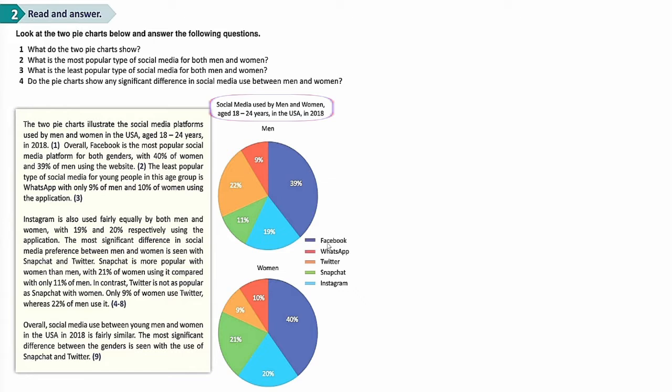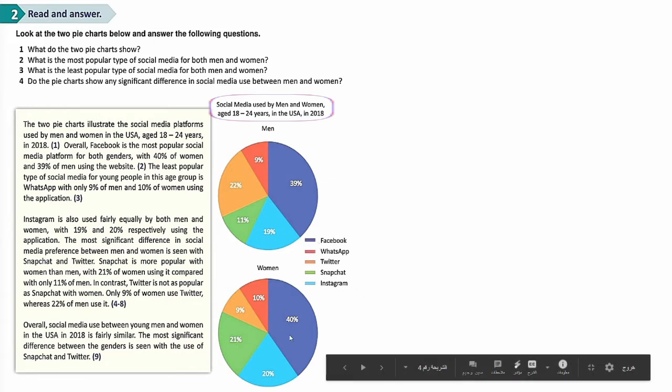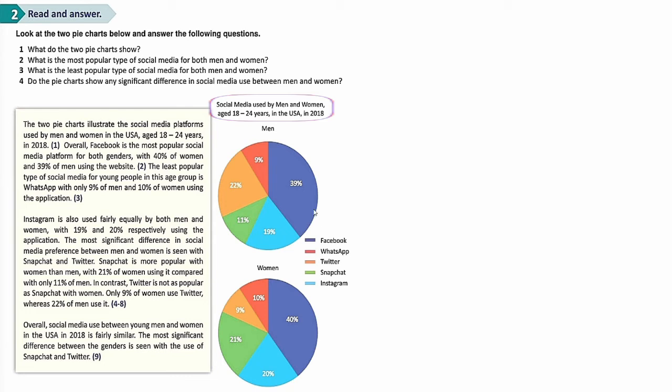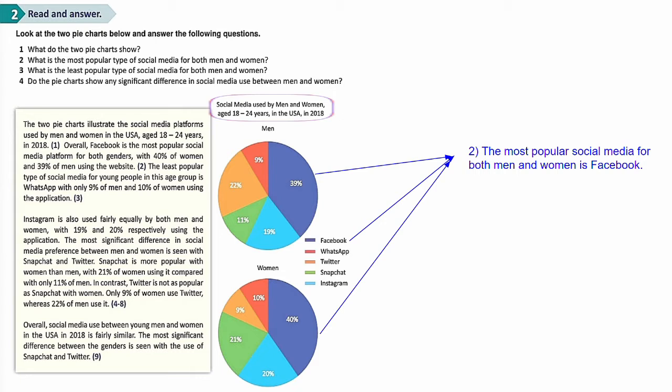The key is Facebook. Concerning women, also the blue color and the key the same, which is Facebook. So the answer for question number 2 is the most popular social media for both men and women is Facebook.